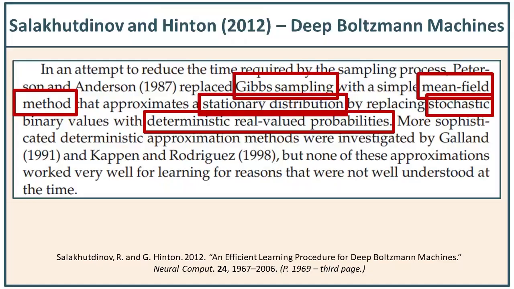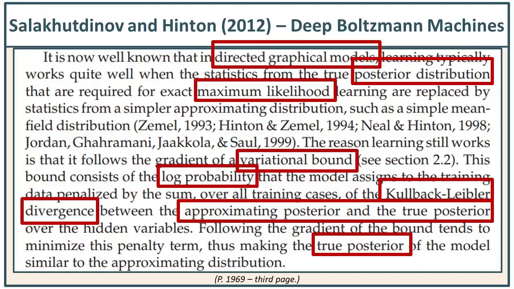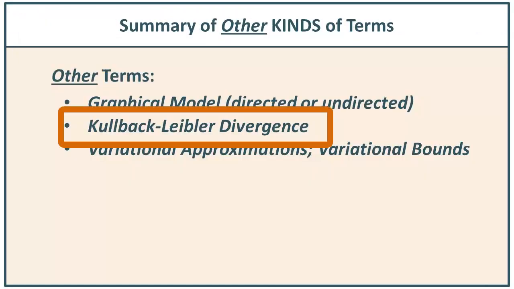Then we get here, I am on page 3, back to sampling processes, Gibbs sampling, mean field, that's physics, probabilities, I'm looking for something very specific. Directed graphical models, that's another of its own things. Posterior distributions, again. Kullback-Leibler divergence. You need to know the Kullback-Leibler before you even start to read this paper.